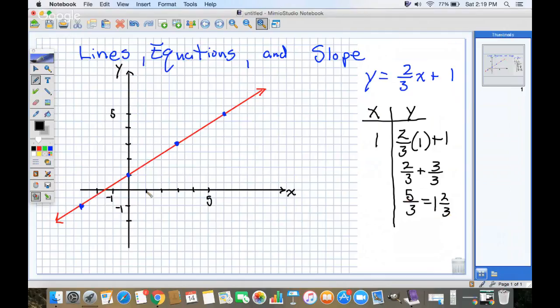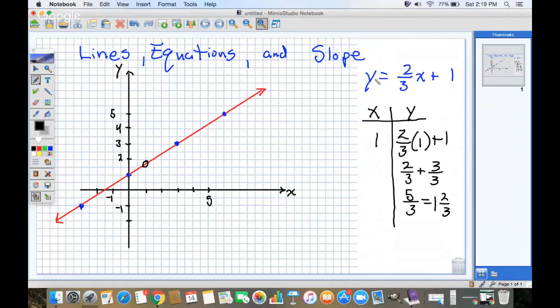So let's see. If I went over 1 for x, and then I went up 1, and this would be 2 up here, because that's 5. So I could label that 2, 3, and 4. That's 1.5 right there. So yeah, that's about 1 2/3. So that's the point I just found.